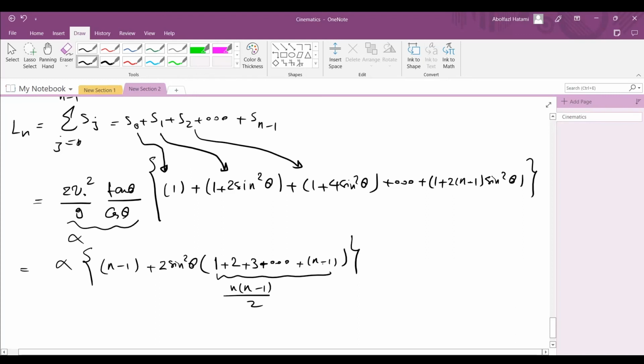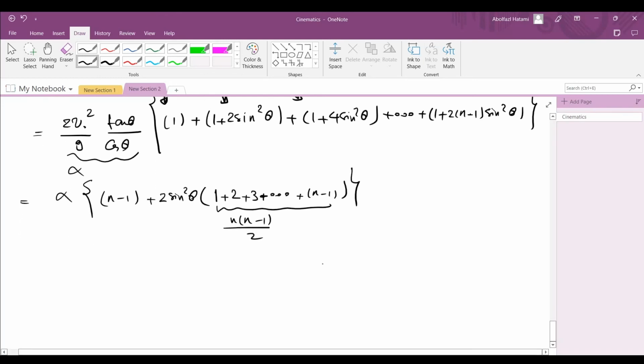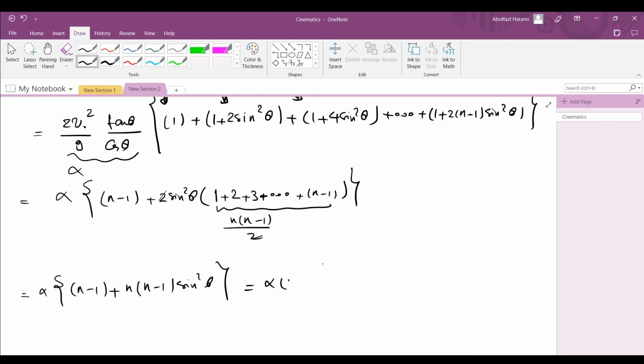I suppose that you know how to calculate this. So we will just have alpha times n minus 1 plus, we can eliminate this 2 with this 2, n times n minus 1 sine squared of theta, so it is just alpha times n minus 1 times 1 plus n sine squared of theta.